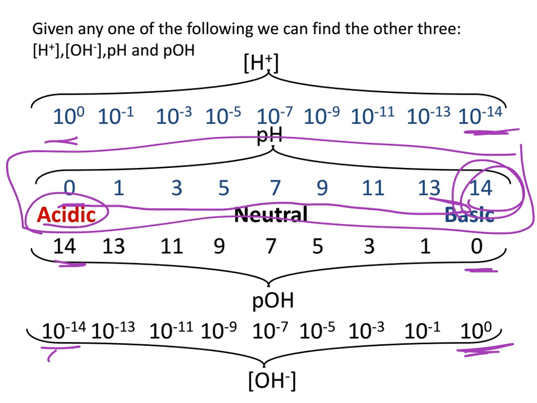So these systems are very complementary in the sense that the more acidic it is, the less basic it is, and vice versa. And so that can tell you a lot about all four things: hydrogen and hydroxide ions, pH, and pOH. If we know one, we can find the other three.